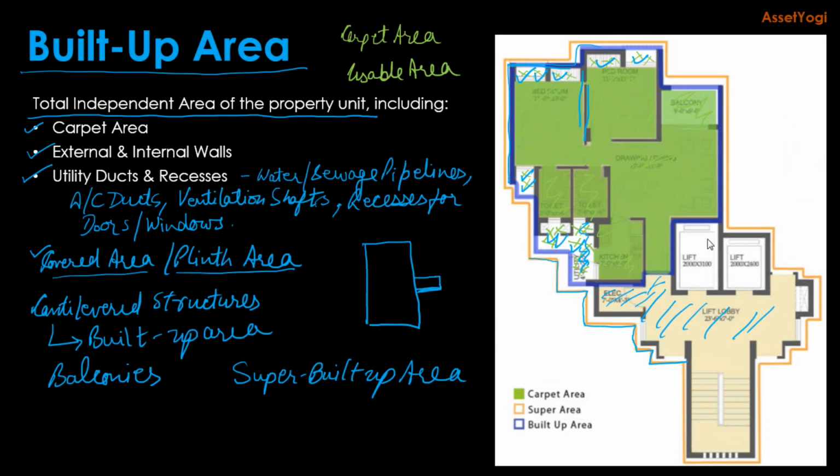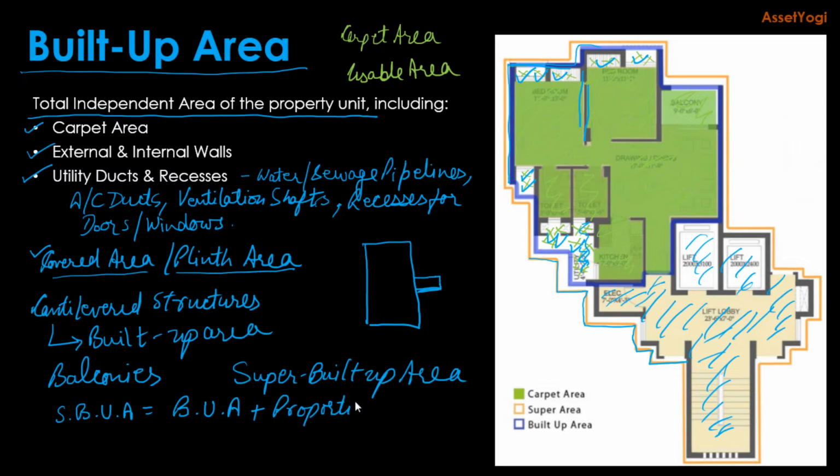So this is your common area that is used by all the people in the complex. Therefore, your super built-up area is built-up area plus proportionate common area.